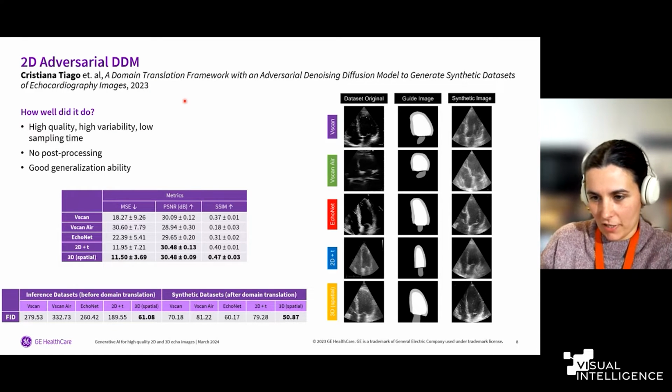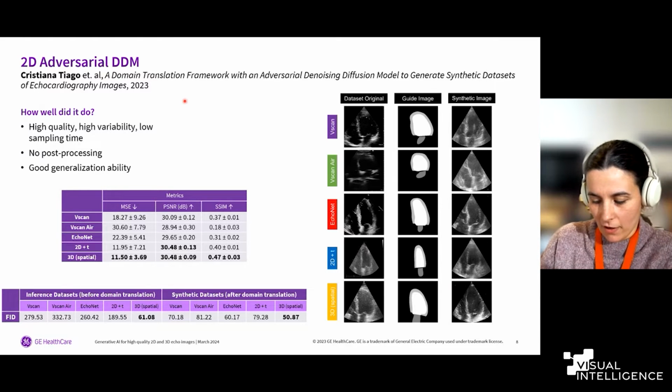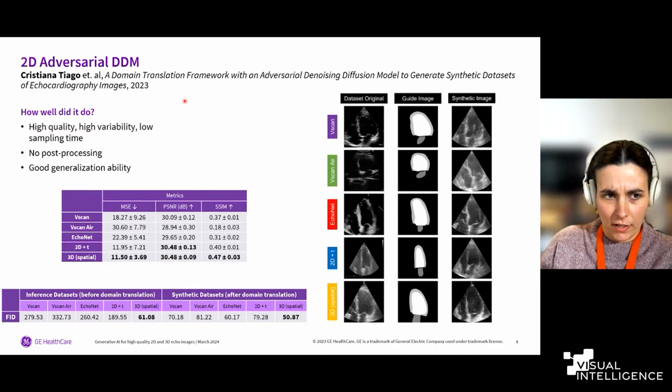In this case, it's the CAMUS data set. So it is capable of generating synthetic data sets whose images are actually similar to other images which would be acquired with the GE95, for example.